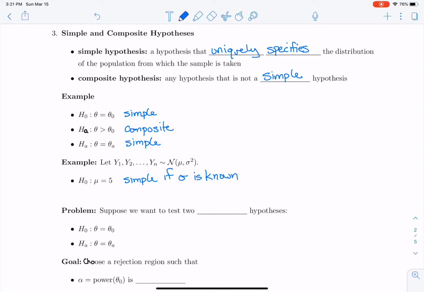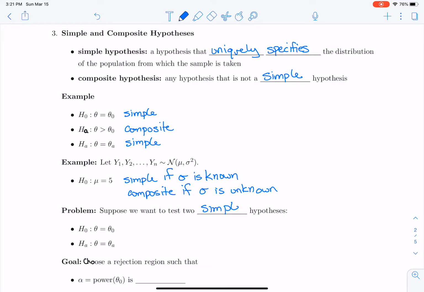It's composite if our standard deviation sigma is unknown, because we won't be able to uniquely specify the distribution just knowing that mu equals 5.